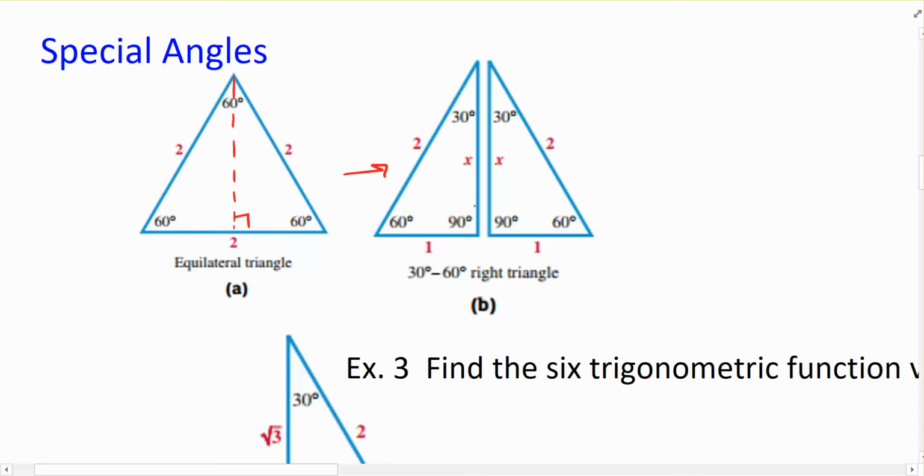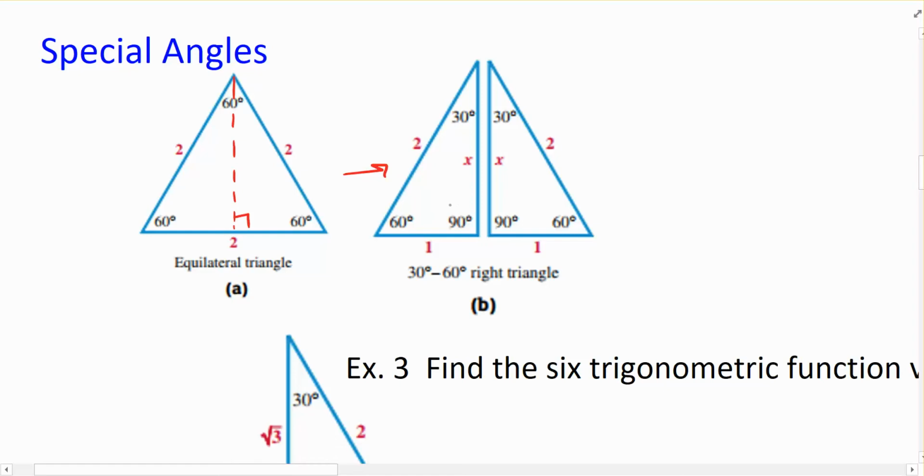Because I now have a right angle down here in the bottom, and because I have 60 degrees over here in the leftmost position, I have 30 degrees up here in the top, also because I divided it directly in half, which was the whole idea. So what I created now is one triangle that has angles of 30, 60, and 90.